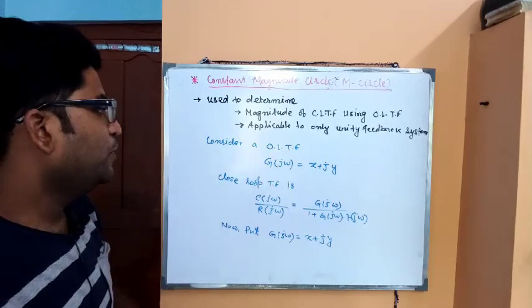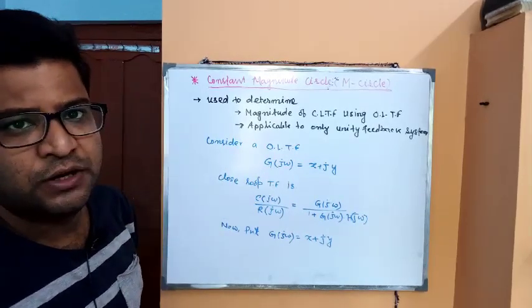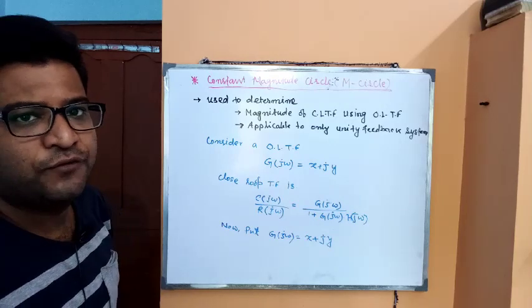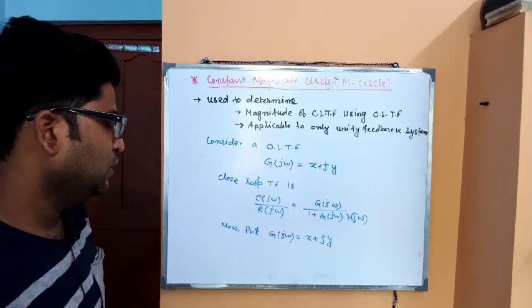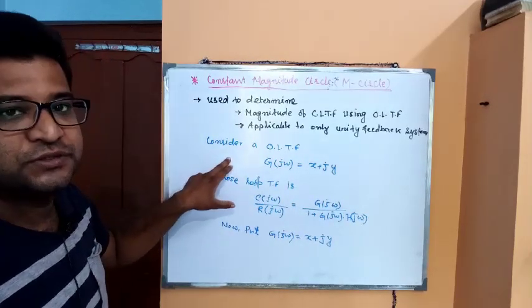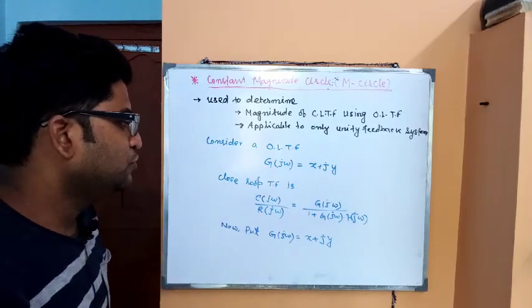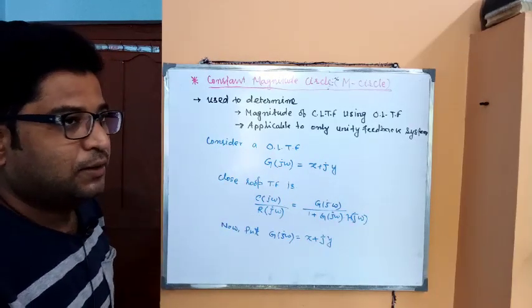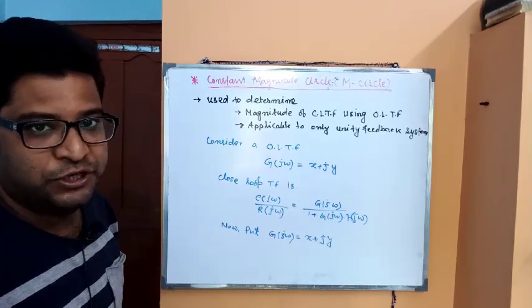So now we are considering an open loop transfer function, that is G of j omega is equal to x plus j y. Now the closed loop transfer function of this open loop transfer function is C of j omega upon R of j omega is equal to G of j omega divided by 1 plus G of j omega into H of j omega.